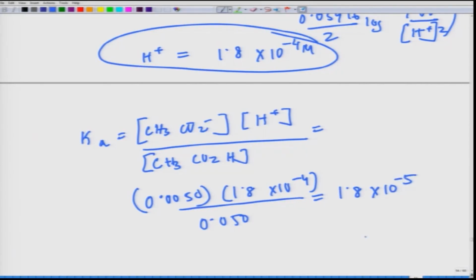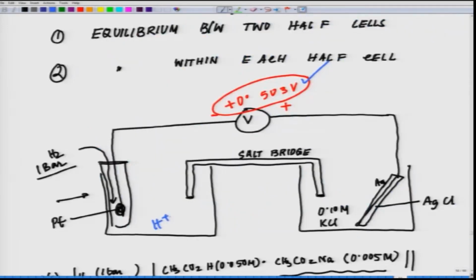So, we now have a probe to measure the H plus ion concentration, the proton concentration. Using this type of cell, we could determine the equilibrium constant of acid dissociation and base hydrolysis on the left cell. These kinds of cells come very handy when you have to translate between a chemical reaction and the electrical output and vice versa.